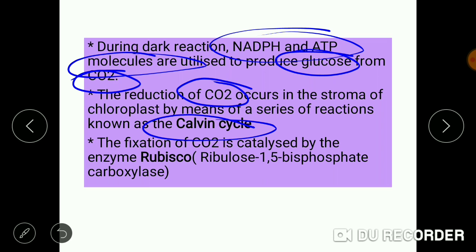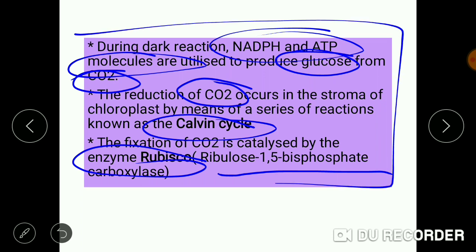The fixation of CO2 is catalyzed by an enzyme known as Rubisco, or ribulose 1,5 bisphosphate carboxylase. This is the enzyme used in the fixation of CO2.